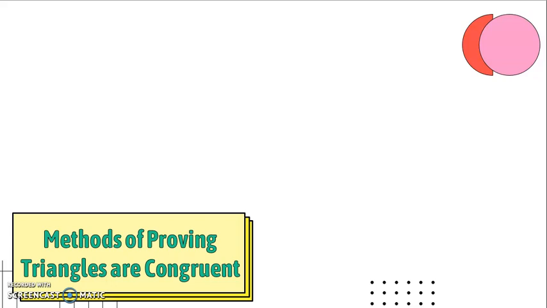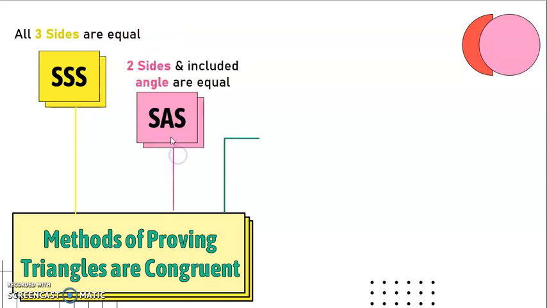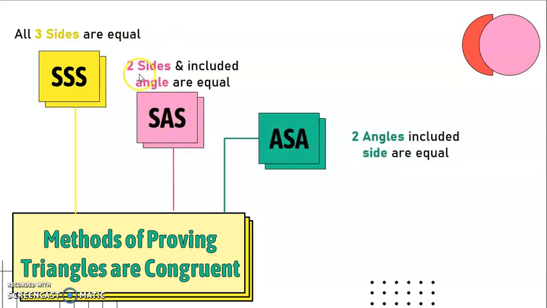Alright, so what are the methods of proving triangles are congruent? They have four methods or four conditions. The first one is SSS, meaning that all three sides are equal. Second one is SAS, meaning that two sides and included angle are equal.